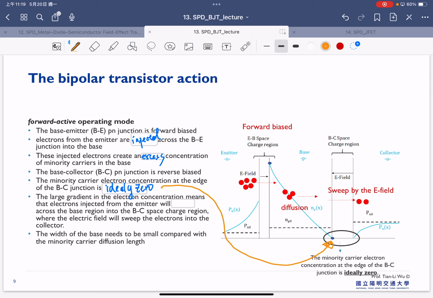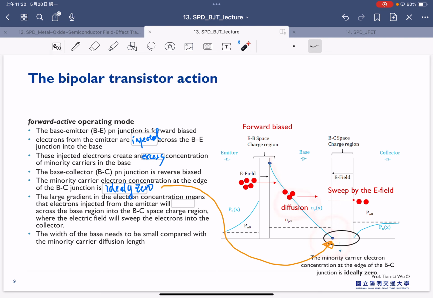And this actually creates a very large concentration gradient. You can see now we have electrons moving from the emitter to the base, and once the electrons in the base become an excess concentration, we also force it to be ideally 0 at this point. Therefore we have a very strong concentration gradient, and this strong concentration gradient will create the diffusion current here.